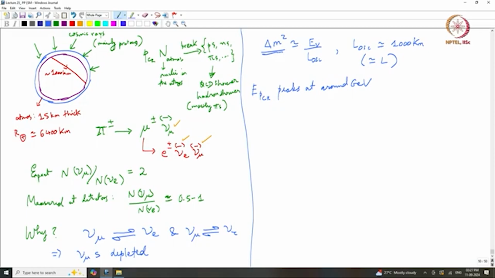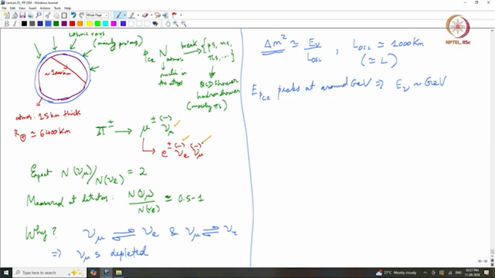When the proton comes in and hits the nucleus, you produce the pions and everything. At the end of the day, most of the energy carried by the neutrino comes from the proton that you started out with. So we can take the energy of the neutrinos to be more or less a GeV.